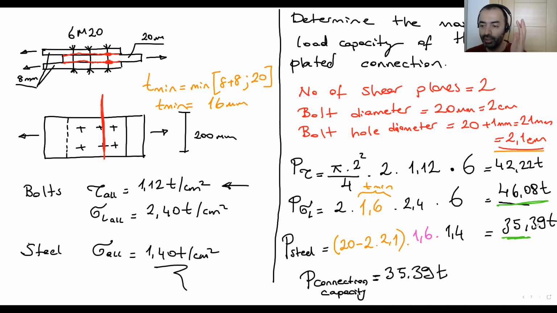So that's why we can't select the maximum capacity for the total capacity. We always have to look for the minimum one of these capacities. This is the total capacity of the connection.